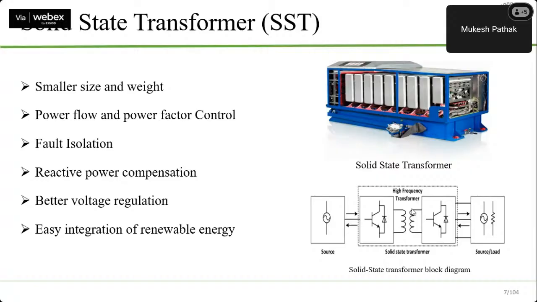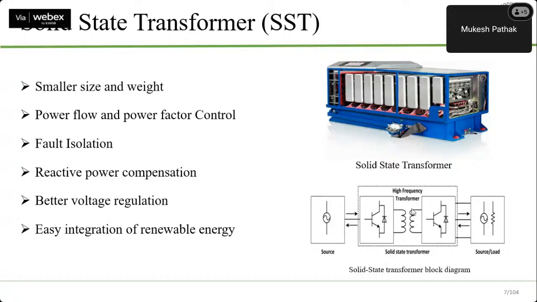So as I told, there is power flow and power factor control, and fault isolation. Apart from the protection equipment, these transformers have their own fault isolation capability, which is due to inbuilt power electronics. So there is fault isolation within the transformer, and there is a fault isolation or protection system that we have in the grid.